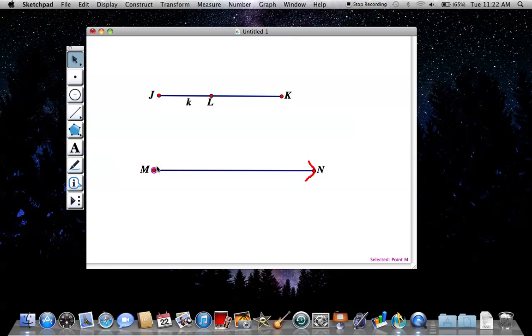Now, an opposite ray is two rays with a common endpoint, and they form a line. So let's do this. I'm going to draw here and put a point in the middle. Label the points.